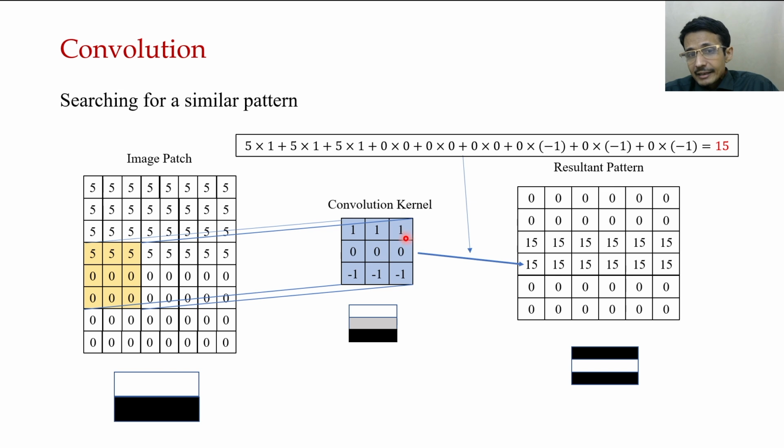Rather, these kernels are learnable kernels. We learn what the best kernel will be for a particular layer, for a particular neuron, for a particular application or input to output mapping.